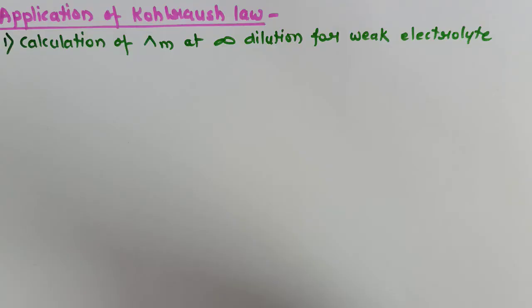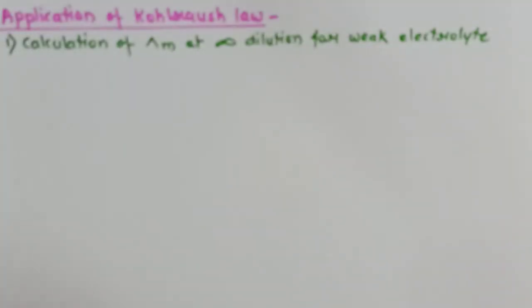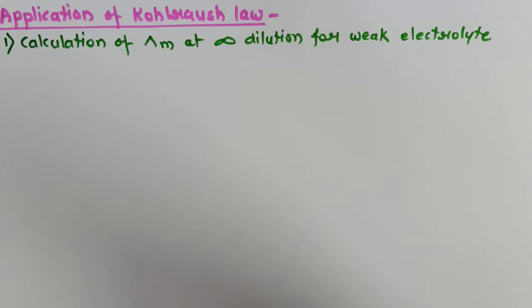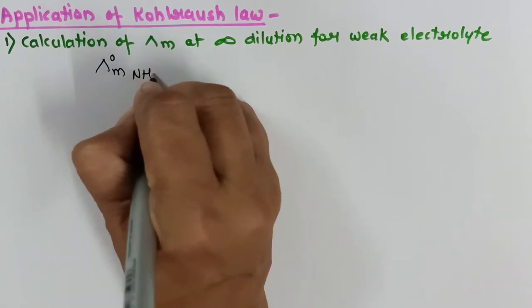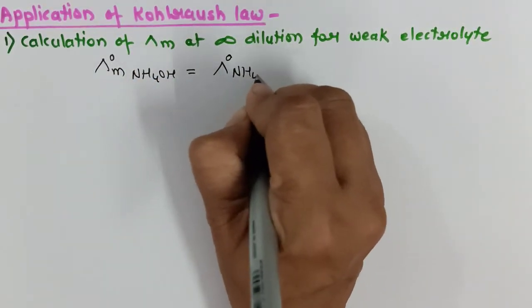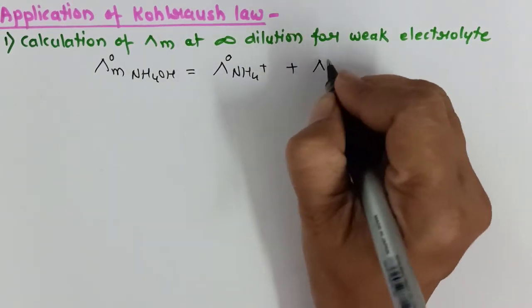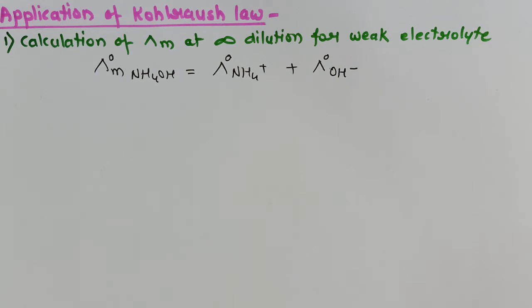So what are the applications of Kohlrausch law? It helps us to calculate the molar conductivity at infinite dilution for weak electrolytes. For example, just now we have seen the limiting molar conductivity of ammonium hydroxide can be calculated as the limiting molar conductivity of the ammonium cation plus the limiting molar conductivity of the hydroxide ion.